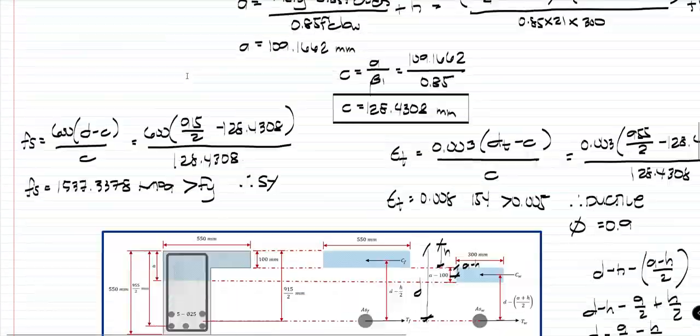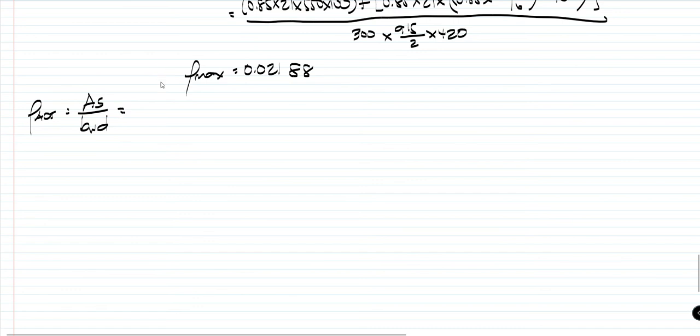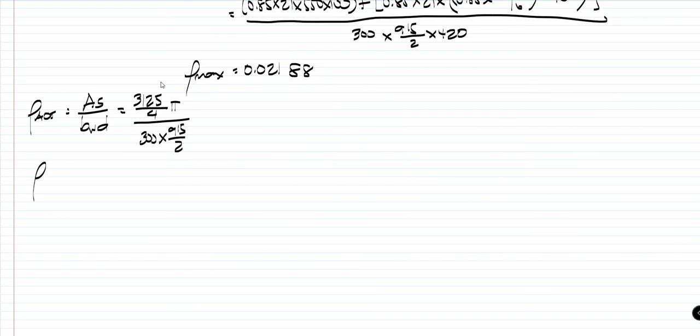So that should be divided by BW, that is 300 times 915 over 2. So our raw actual will just be equivalent to 0.017882, which is, as you can see, that is lesser than the raw max and also lesser than our raw balance. So ibig sabihin, hindi naman siya over-reinforced and hindi siya magdodobly reinforced kasi singly lang siya.